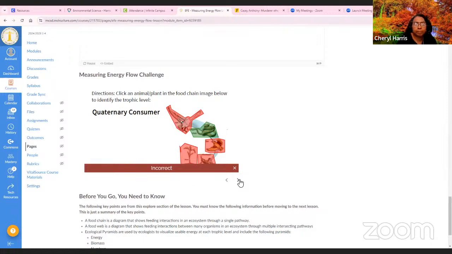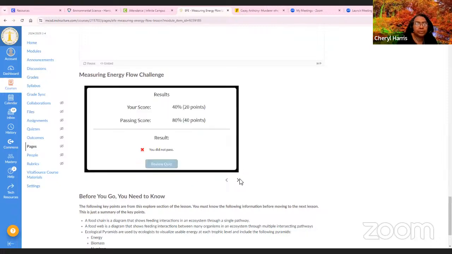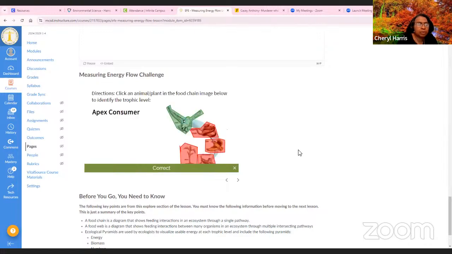I don't know why mine is already graded like this. And your tertiary one should be the snake, and it is not the bird. All right, so ignore mine. I don't know why, and it won't clear.